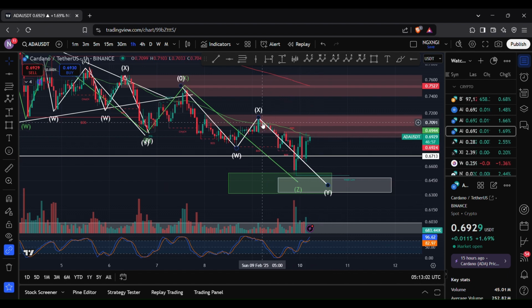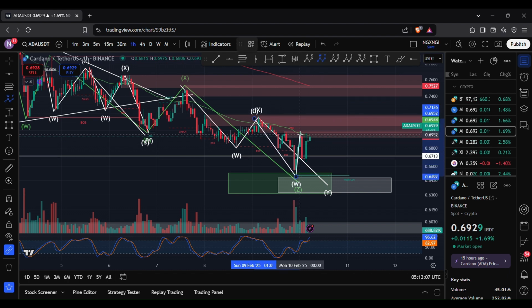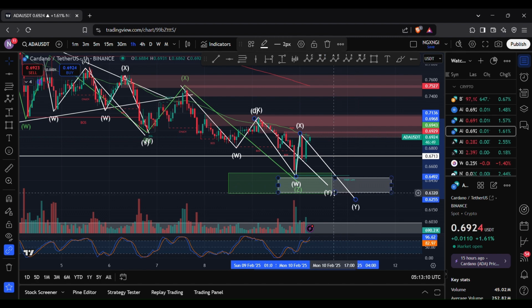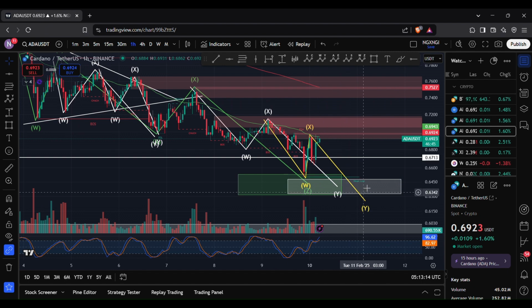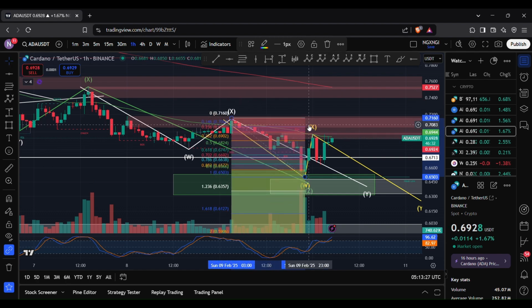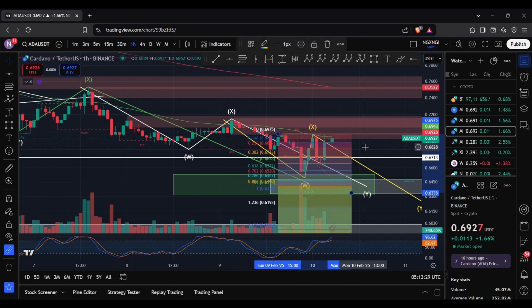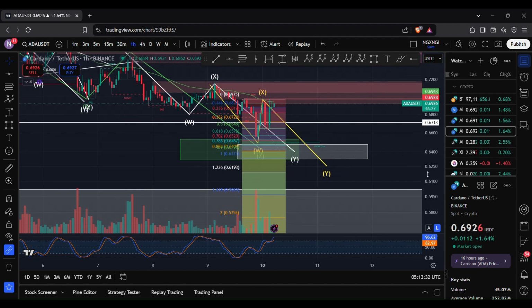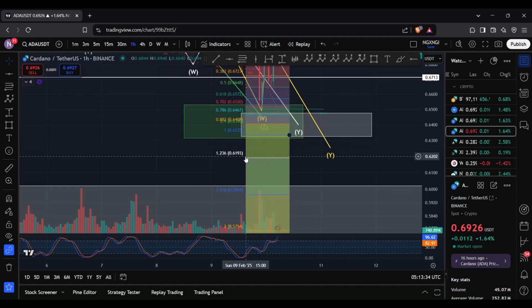For us to further analyze this wave structure within this wave Y, I think another WXY formation is currently forming within this wave Y. What that would look like is something like this, where you have a W wave, X wave, and then another Y wave. If I change this to yellow for now, we can see what our targets are for this wave Y. Using the Fibonacci retracement, once again, our wave Y sits anywhere between 62 cents and 63 cents.